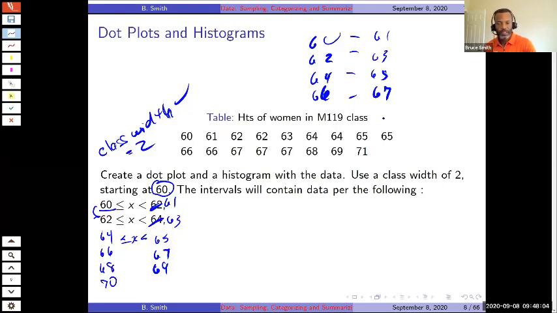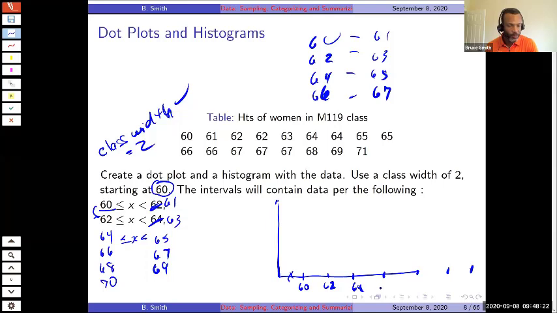Now, if we were to create a histogram from this, that pattern of starting somewhere at 60, 62, 64, 66, 68, 70, 72 is going to be pretty easy to do as well.